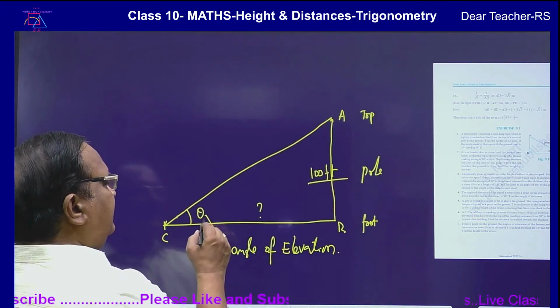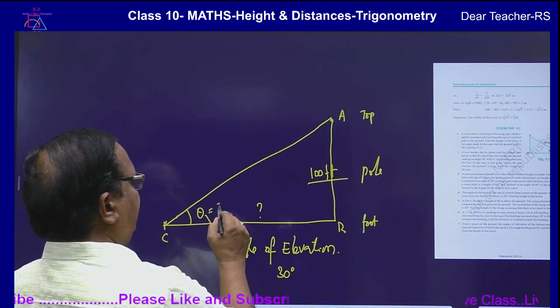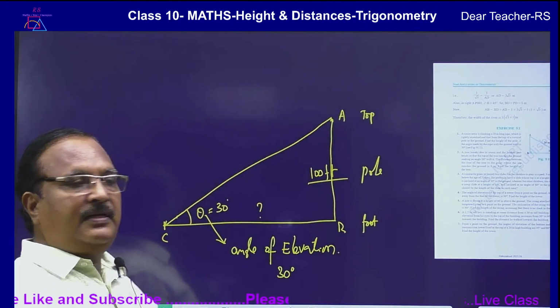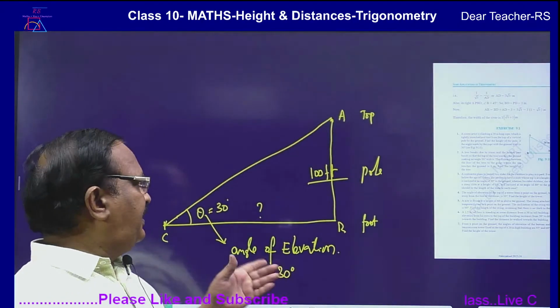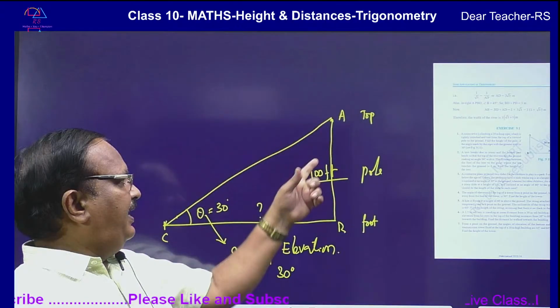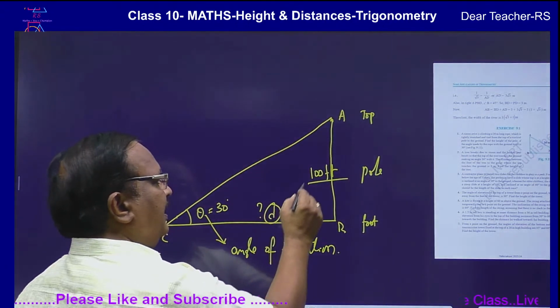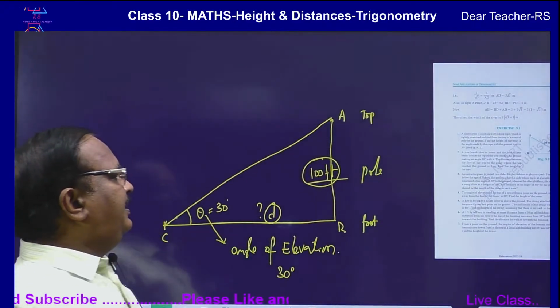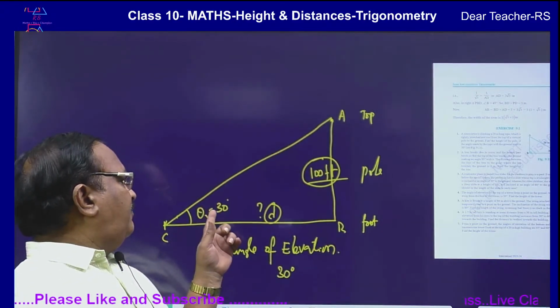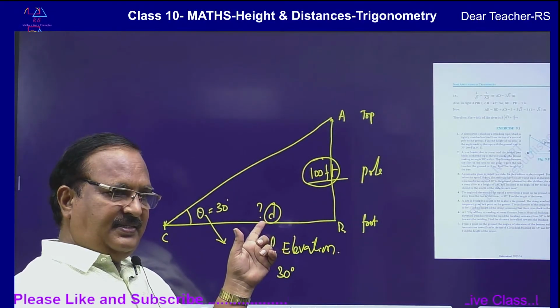Now this angle of elevation, let us say 30 degrees. So now we can apply trigonometry because we have an angle and we have a relation. We have to find out distance and this is height. So for 30 degrees, 100 feet is opposite side and this is adjacent side.